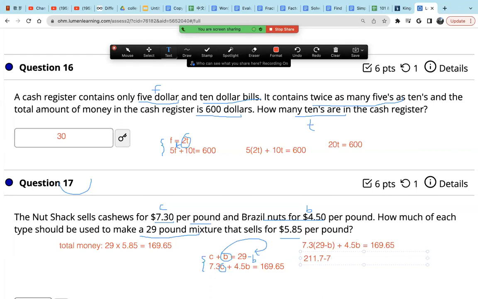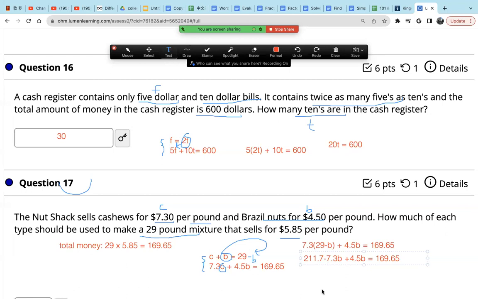Then minus 7.3B plus 4.5B equals 169.65.